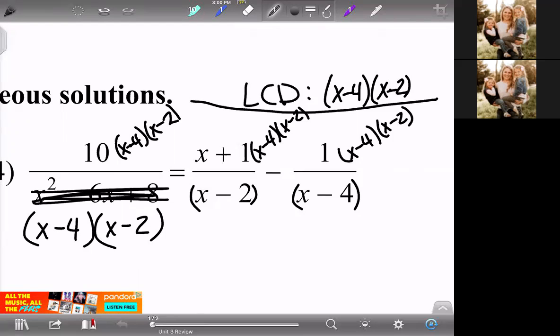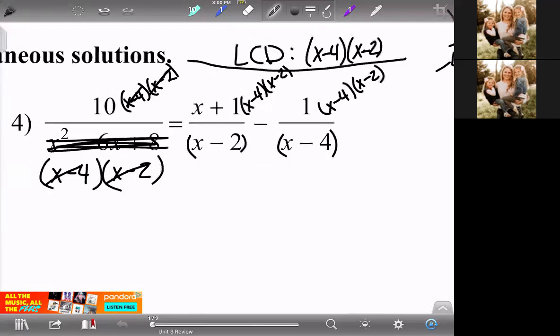So now when I go to look at the first term there, you'll see that the x minus 4 will cancel with the x minus 4. The x minus 2 will cancel with the x minus 2. And that's just going to leave you with 10.